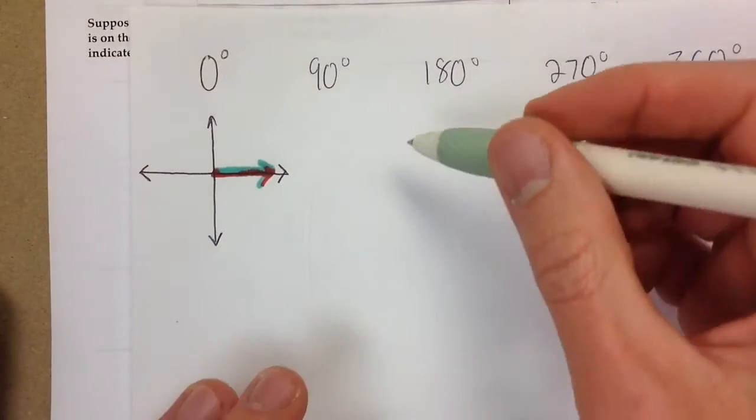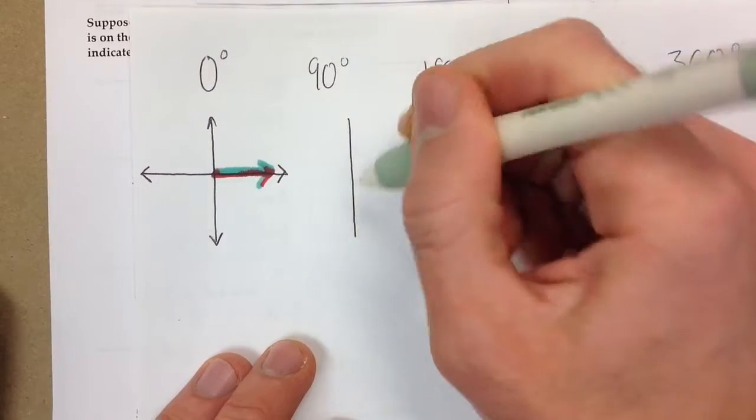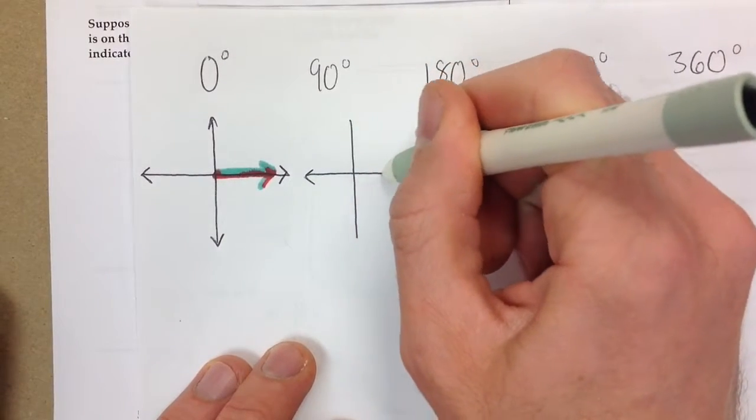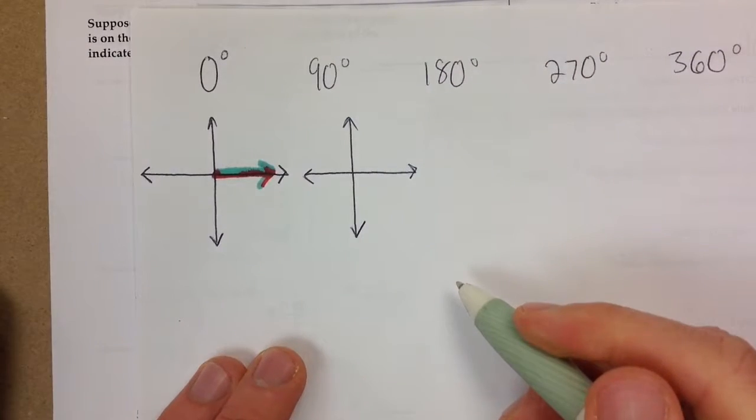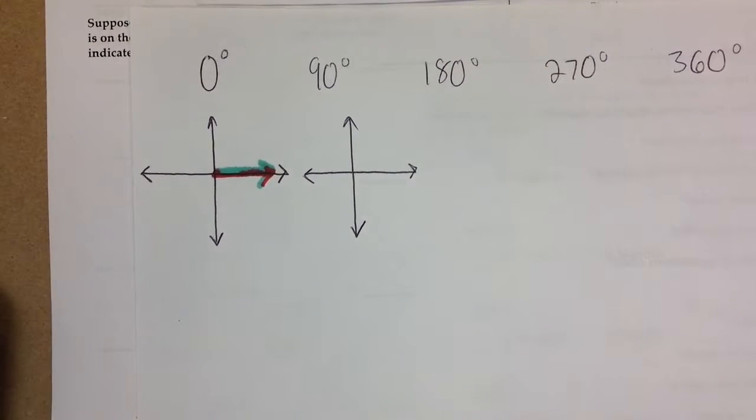90 degrees. Can you guide me through drawing that? First quadrant? It's actually not in a quadrant because it lies on an axis. Does that make sense? Where's the vertex? 0, 0.